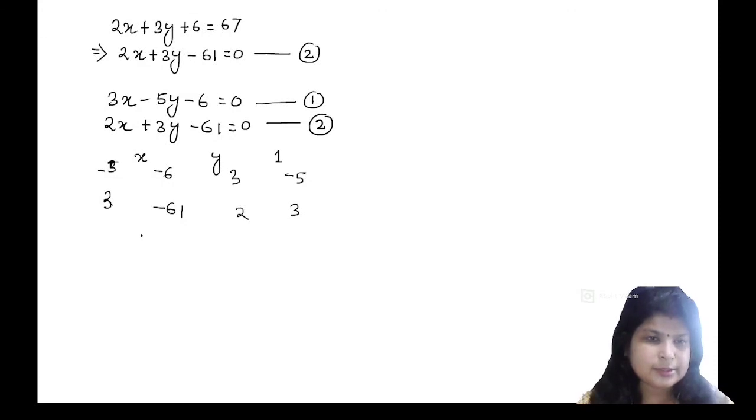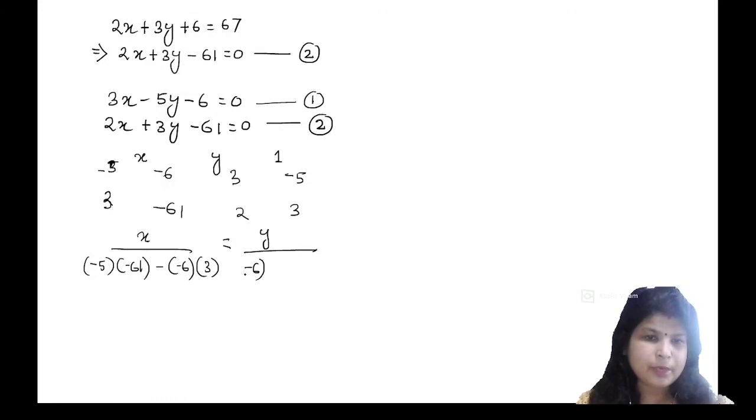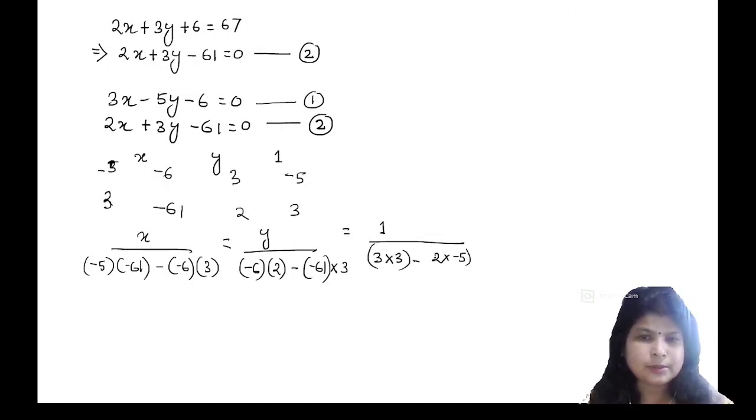So let us just write down x divided by minus 5 into minus 61 minus minus 6 into 3 is equal to y divided by minus 6 into 2 minus minus 61 into 3, that is equal to 1 divided by 3 into 3 minus 2 into minus 5.